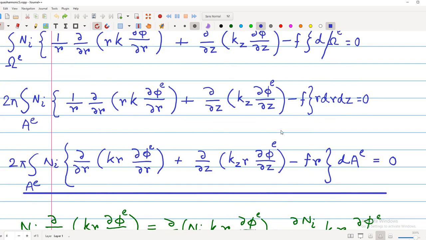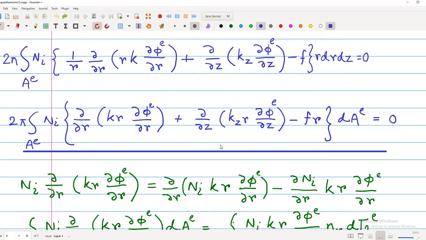So here you see this r we are using, and this r when it gets multiplied with this is gone, and here one r comes, and since this is del z, r goes inside. So this is kz r, because when you perform del z, then r is actually a constant to it.